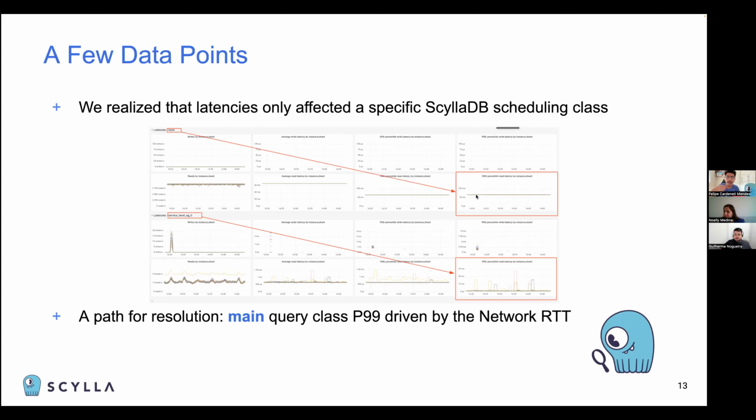In fact, when we look at the latency numbers alone from this class, we realized that the P99 latency was driven by the network round trip time from one region to another.